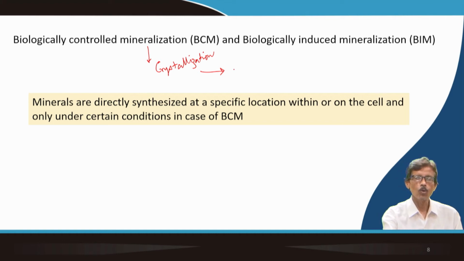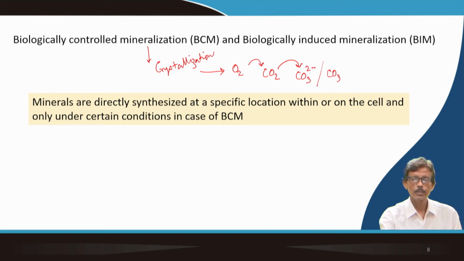We were having O2, from O2 we are getting CO2, and from CO2 we are getting CO3 2 minus as well as HCO3 minus. So, these are the processes, that means we are looking for some saturation, that means a supersaturated solution. Until and unless you have the supersaturated solution, you cannot have the crystallization.